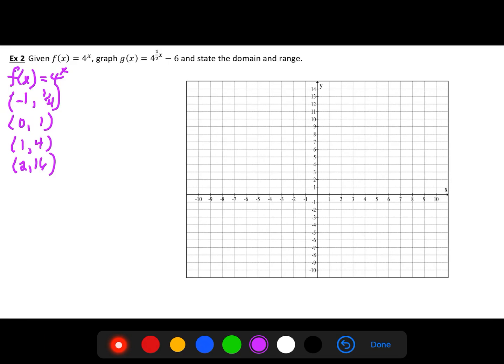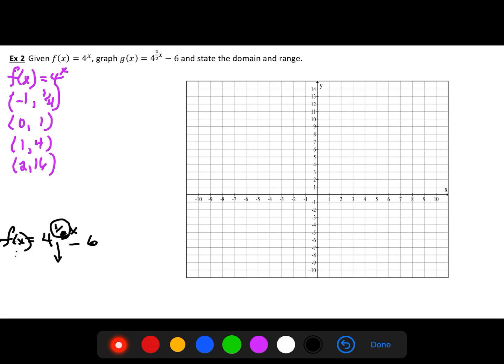Now, looking at how these are going to change, I'm going to write this down at the bottom here, didn't leave a whole lot of space. Our f at x equals 4 to the 1/2 x minus 6.